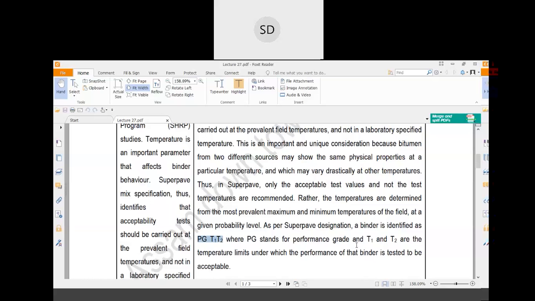For normal pavement, whatever binder you have got, you tested at a particular lab temperature. But for the Superpave design, you are testing that binder with respect to the field condition. In the field the temperature will vary, so you take a range of temperature based on the field condition, one minimum and one maximum, and within that minimum to maximum range you have to check the acceptability of the binder material at that place.